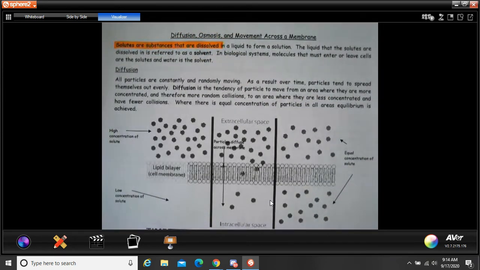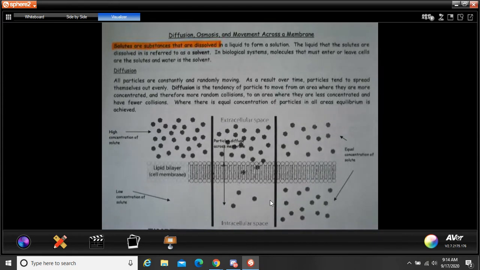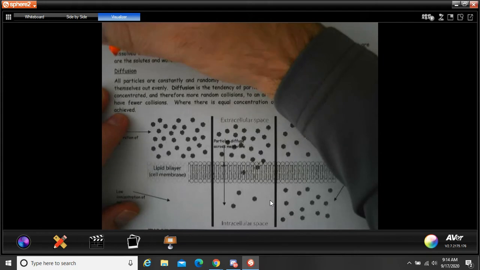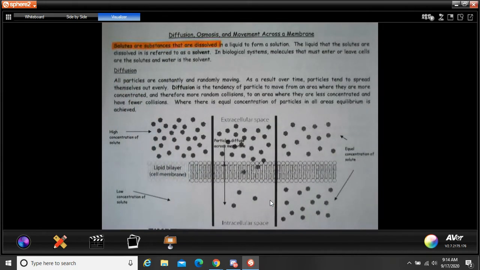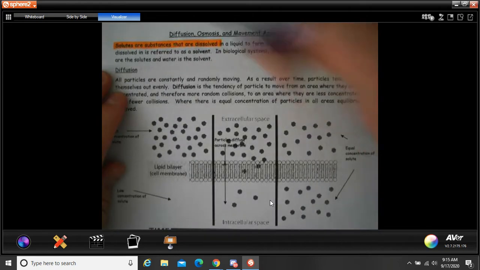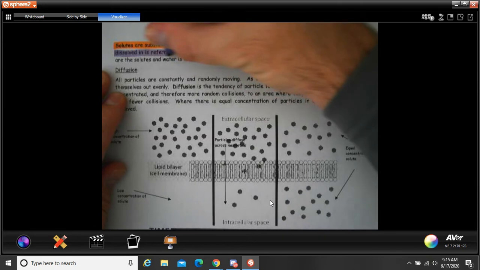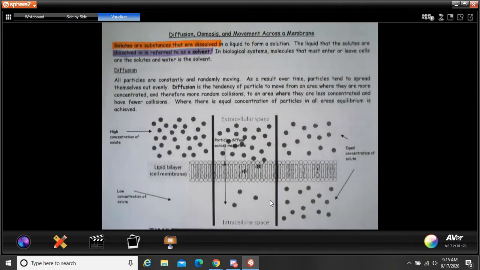And since we're talking about living systems, our solvent, the thing that is doing the dissolving of these different types of solutes, is water. The liquid that is dissolving those things that are now inside of it is the solvent.